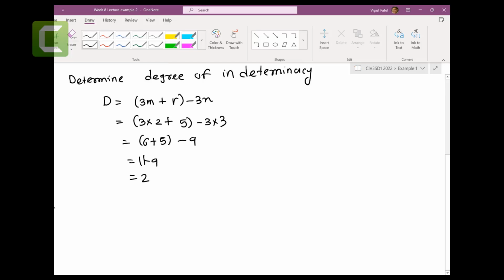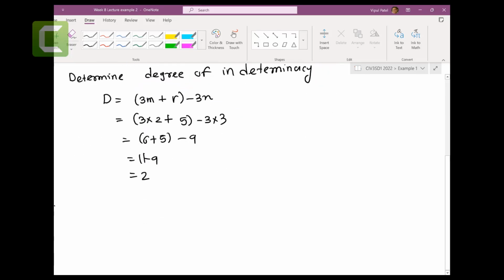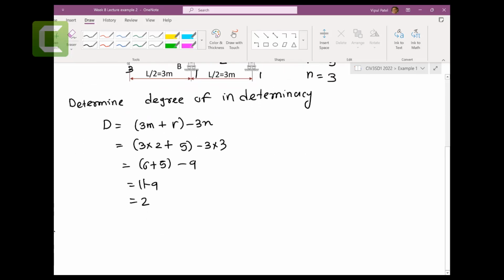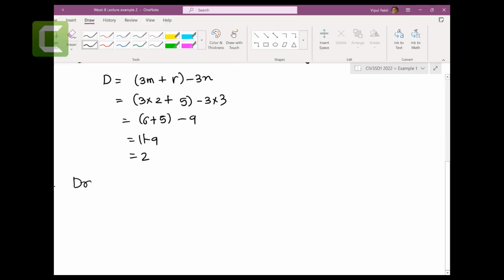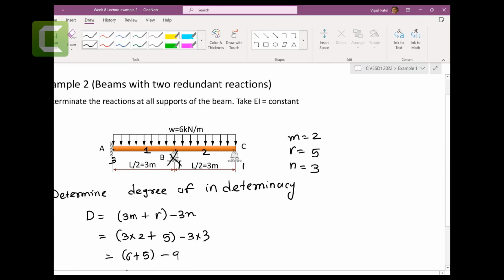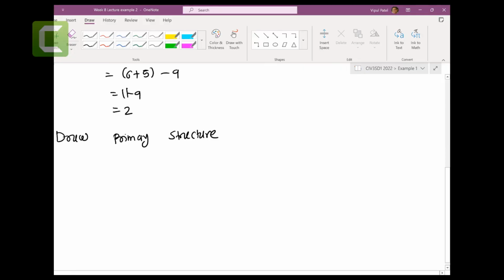Now number 2, we are going to make this a redundant structure. So let's draw the primary structure. We can see these 2 rollers, we can remove them immediately and make it a cantilever.